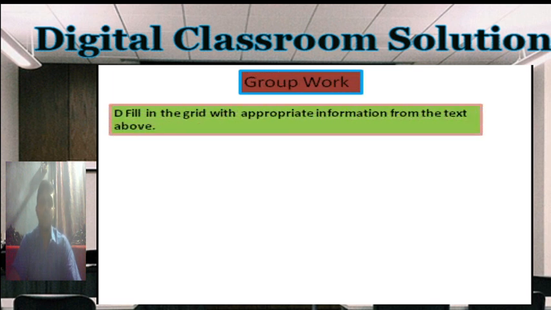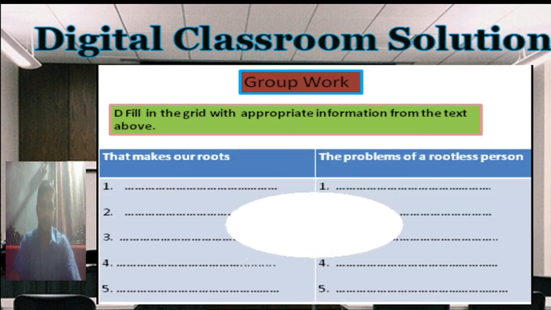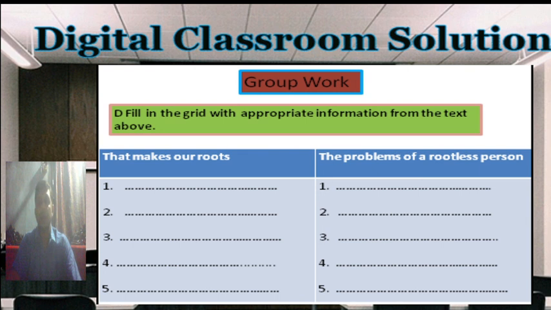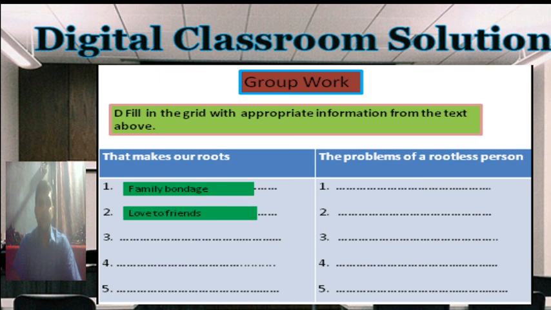Group 1. Section D. Fill in the grid with appropriate information from the text above: that makes our roots. Another, the problems of a rootless person. Please write down: family bondage. Second one, love to friends.